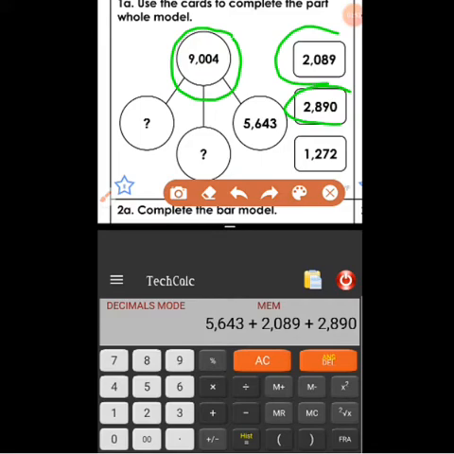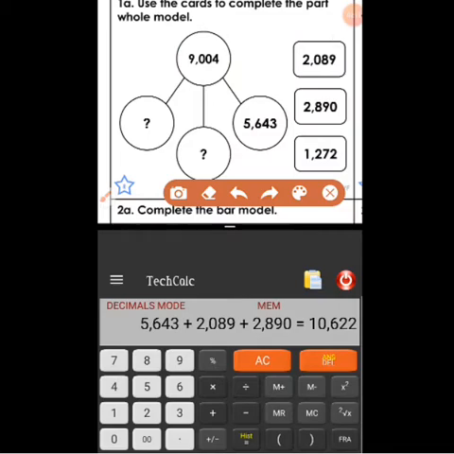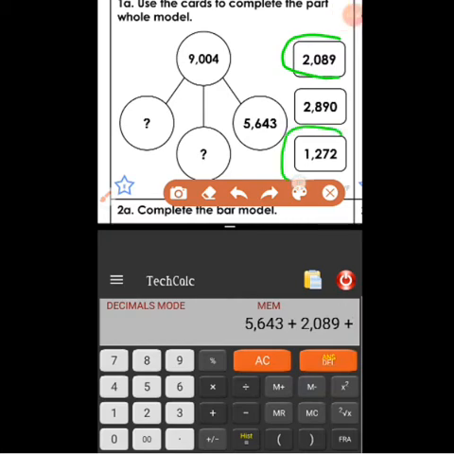Okay, so I'm going to click on the equal sign and it went over, so it means one of the cards is not correct. So I am going to remove this one and then use this one. So let's start the second calculation, using the first card and the third card.